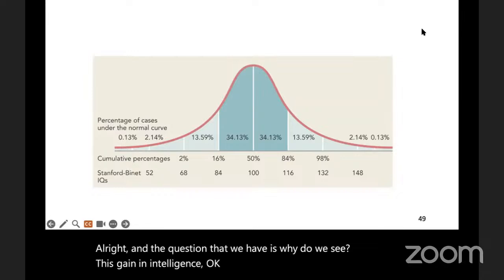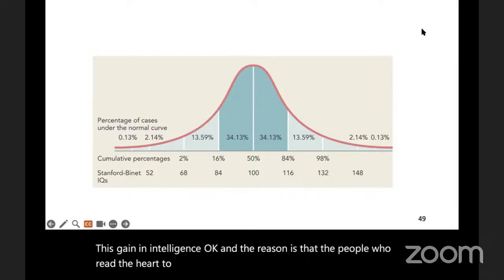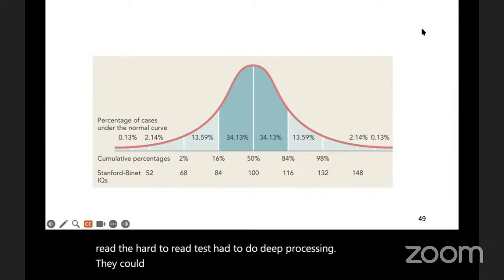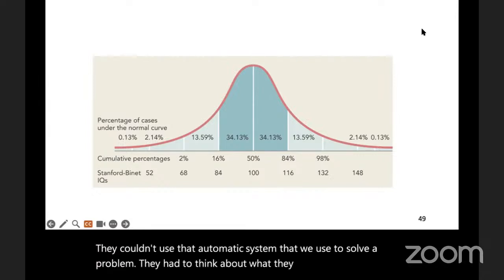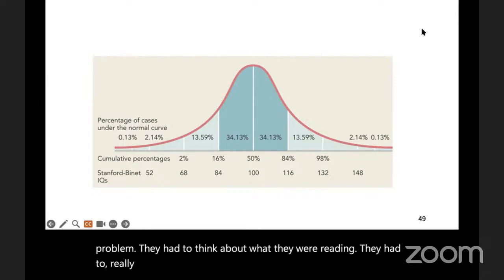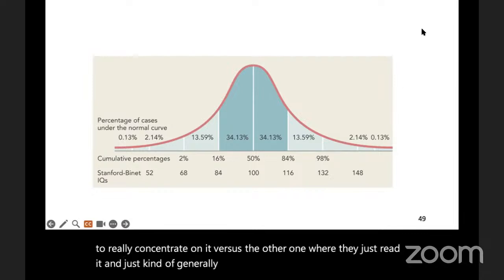The reason is that the people who read the hard to read test had to do deep processing. They couldn't use that automatic system that we use to solve a problem. They had to think about what they were reading and really concentrate on it, versus the other group where they just read it and kind of generally went through it.